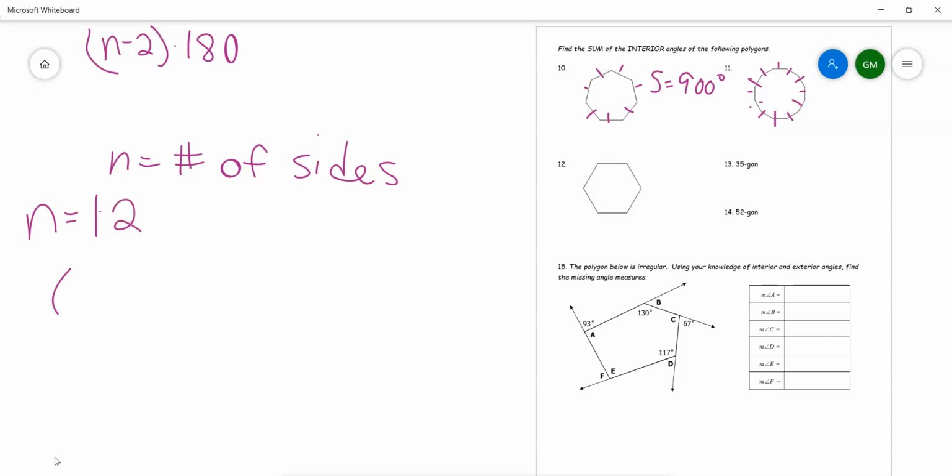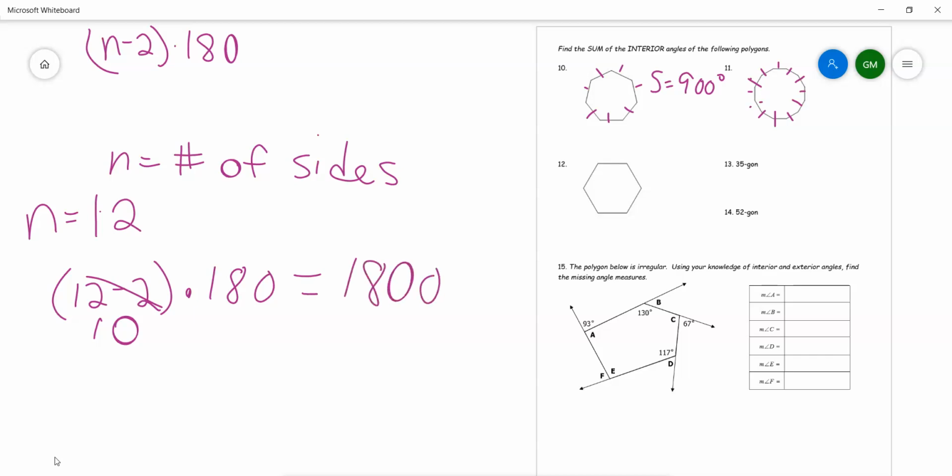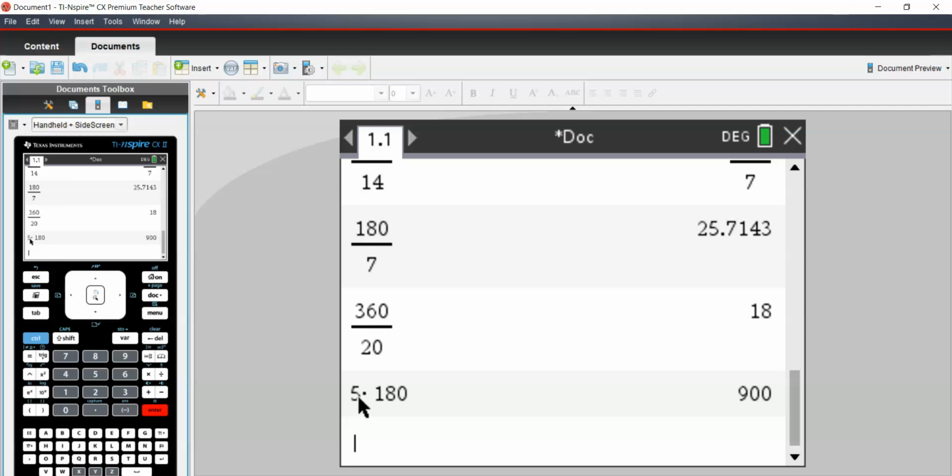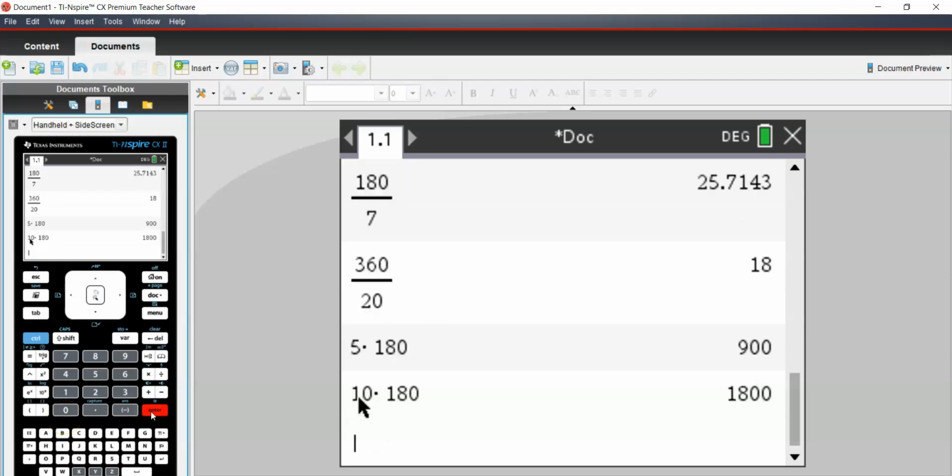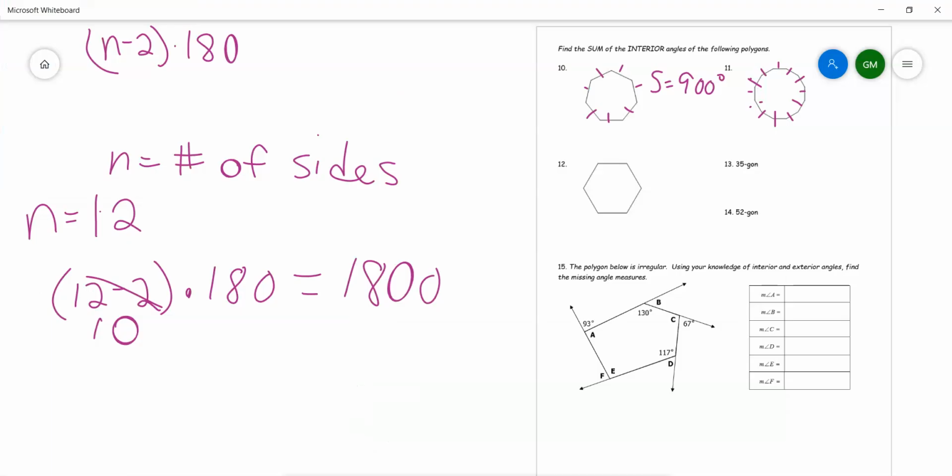All right, so again, n minus 2, so 12 minus 2 times 180. 12 minus 2 is 10. 10 times 180 is 1800. So in this case, S equals 1,800 degrees.